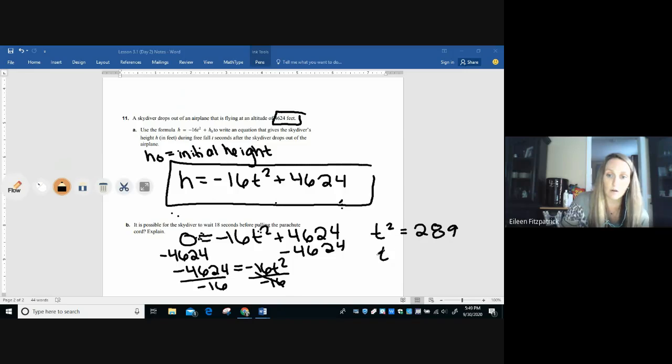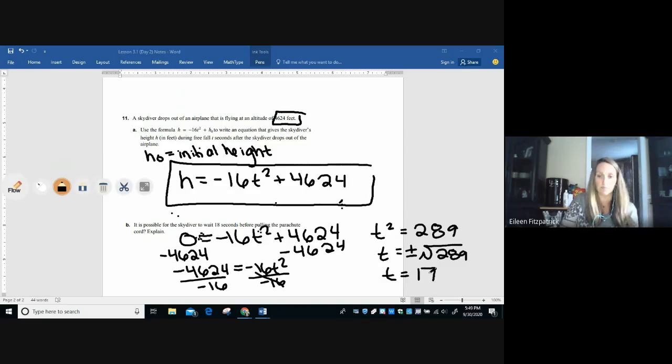And then I'm going to take the square root of both sides. And yes, technically you need to do plus minus the square root. But since time is only positive, I kind of ignore the negative solution. And I'm just going to say the time is 17. Okay, so you could also explain your answer as it takes 17 seconds to hit the ground. So the parachuter can't wait 18 seconds to open his chute.